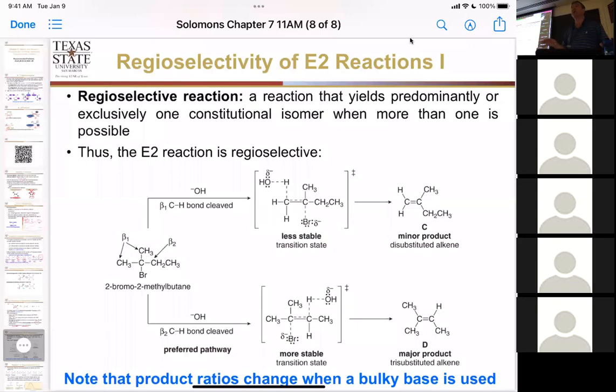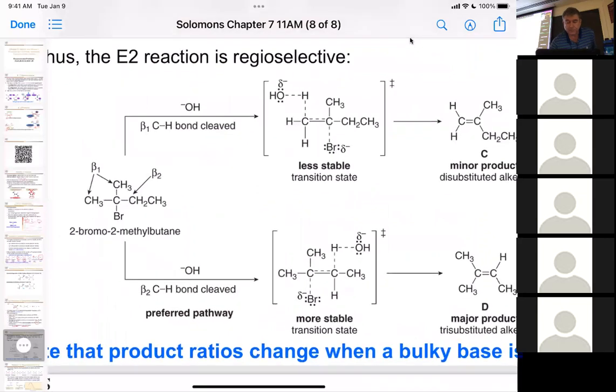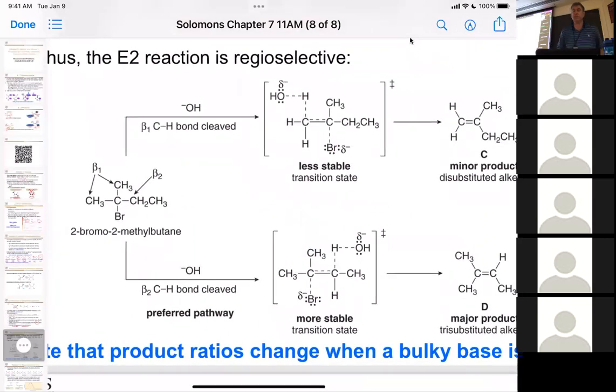So the more substituted alkene is going to be formed. Let's look at these two possible pathways here. In both cases, we're going to use a strong base, hydroxide, with a tertiary alkyl halide here, so we don't have to worry about substitution reactions.